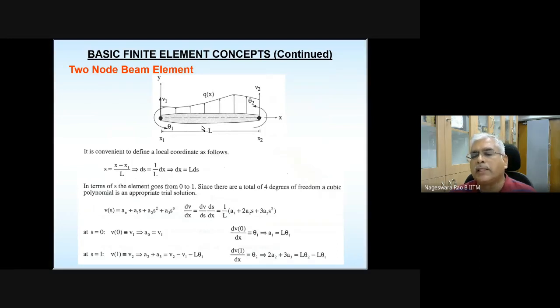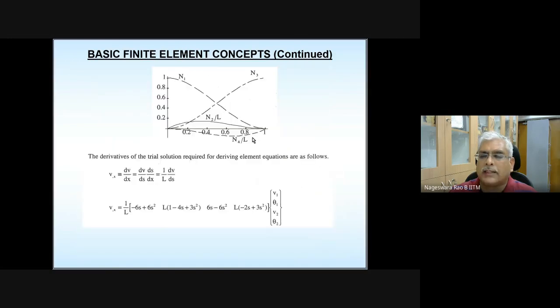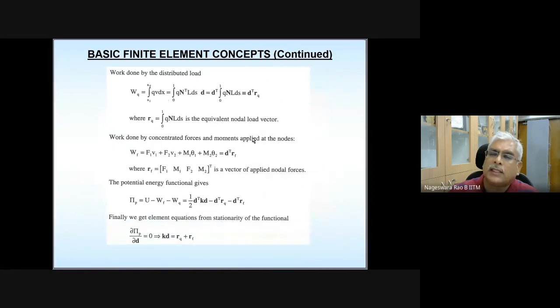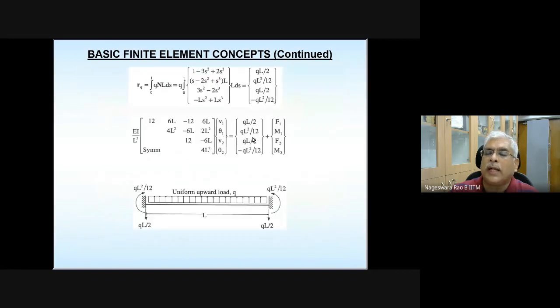It may be exact for a few types of loads, and if the load variation is something else, this beam element may not give you an exact result. Anyway, I just gave you that information. Again, we'll come back to that point at a later stage. Now let's take an example where this element is going to give you an exact result. So take a note of this element equation.